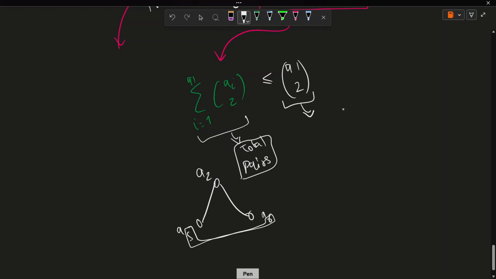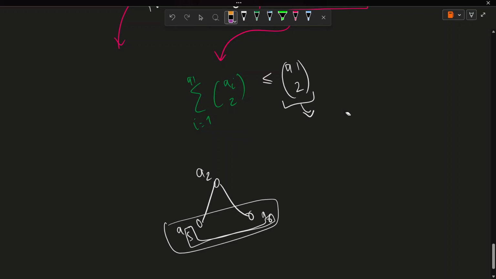So the total number of pairs of this type is certainly less than the total number of pairs on the diagram, which is 91C2. So this sum should be less than or equal to 91C2.